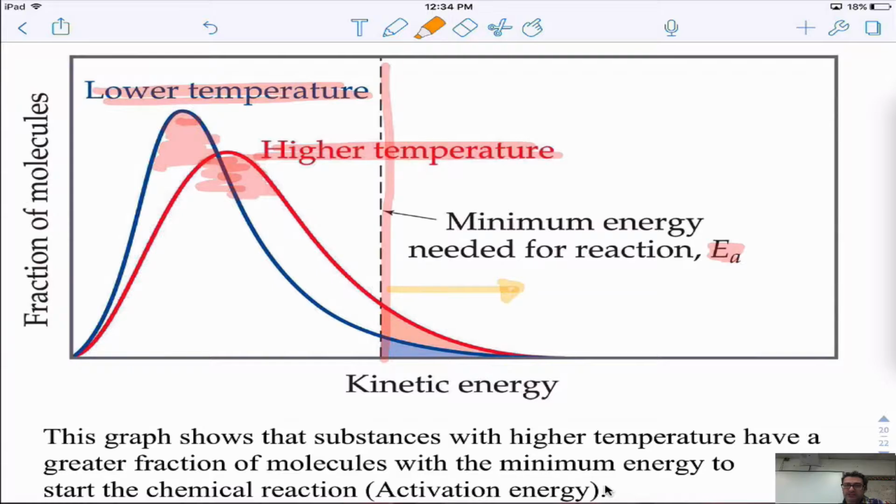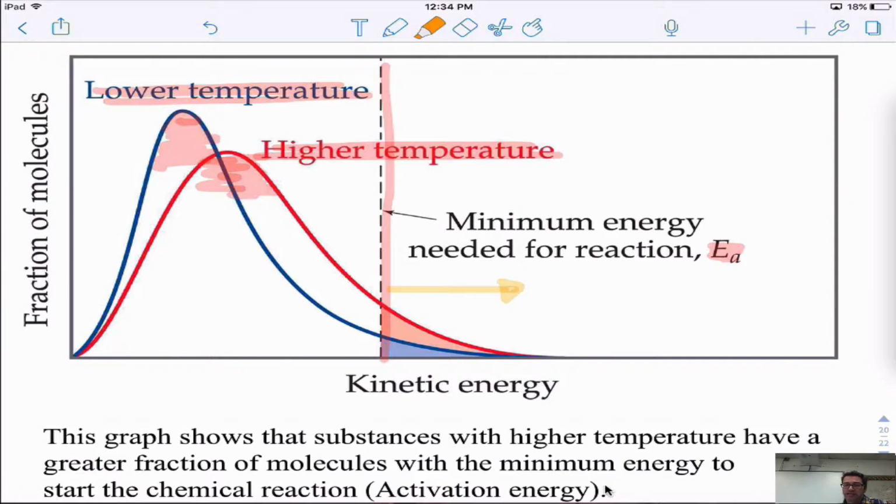But what we notice about the higher temperature is the fraction is greater. And this is what causes the reaction to be faster at higher temperatures. More of the particles can overcome the minimum energy needed to react. This allows the reaction to occur faster.